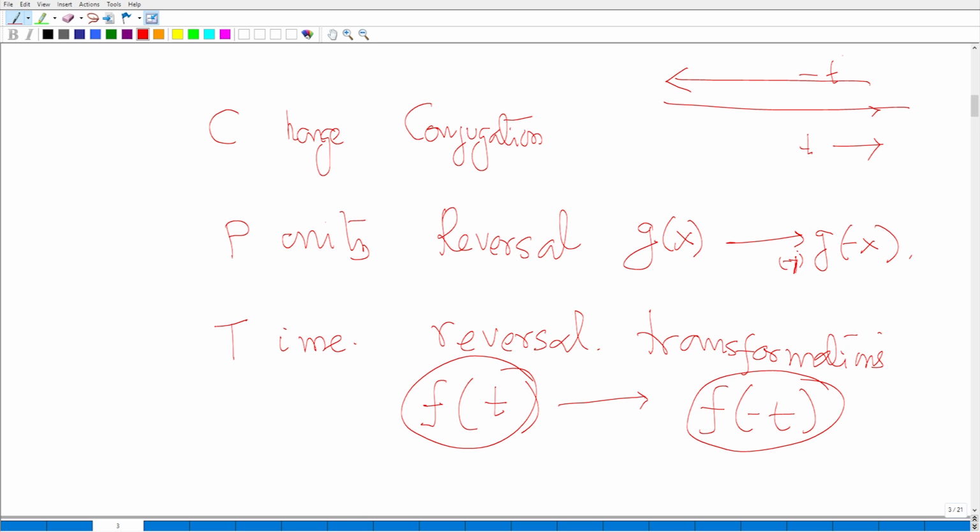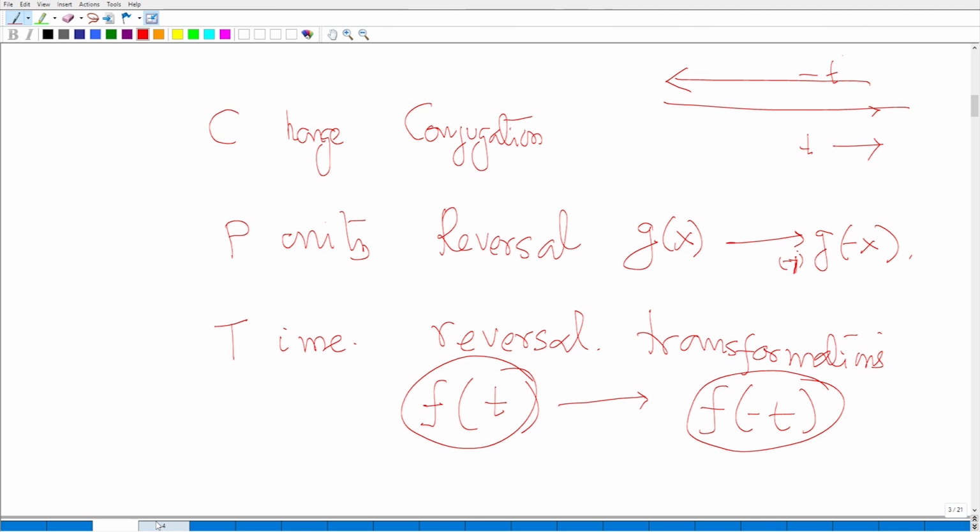So, these two operations, parity transformation and time reversal, are defined the way we have just described, by transformations under which the argument of the functions goes from x to minus x or t to minus t.